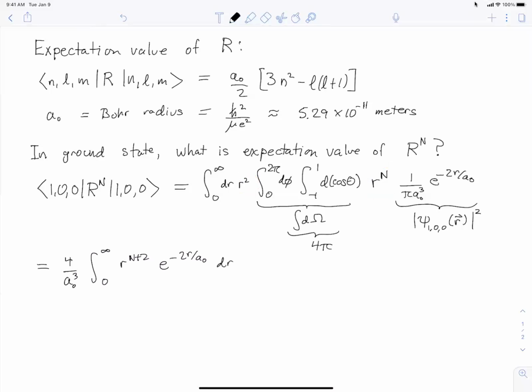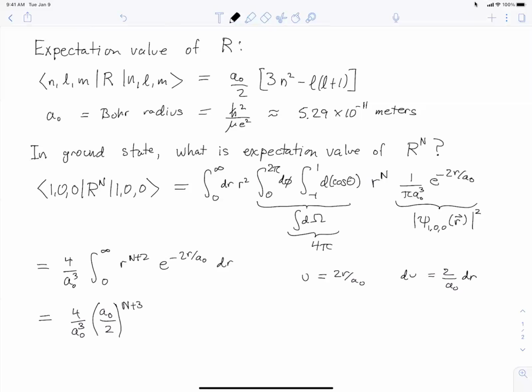Okay, and so we can rewrite this by making a change of variables. u is going to equal 2r over the Bohr radius. du is 2 over the Bohr radius dr. And so this turns into 4 over Bohr radius cubed, and then there's a factor from the change of variables of Bohr radius over 2 to the n plus 3.